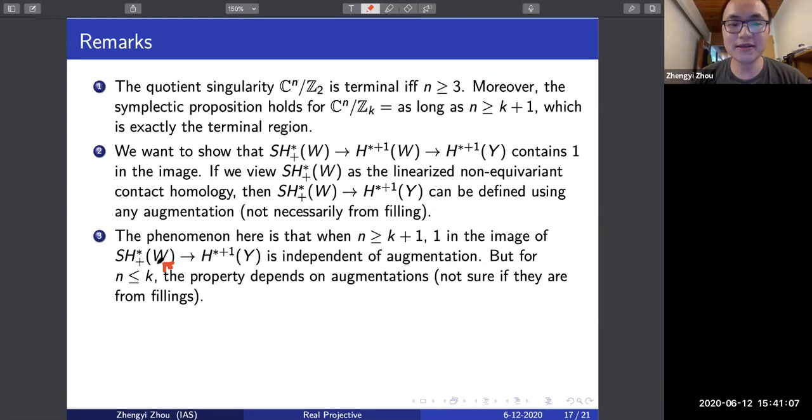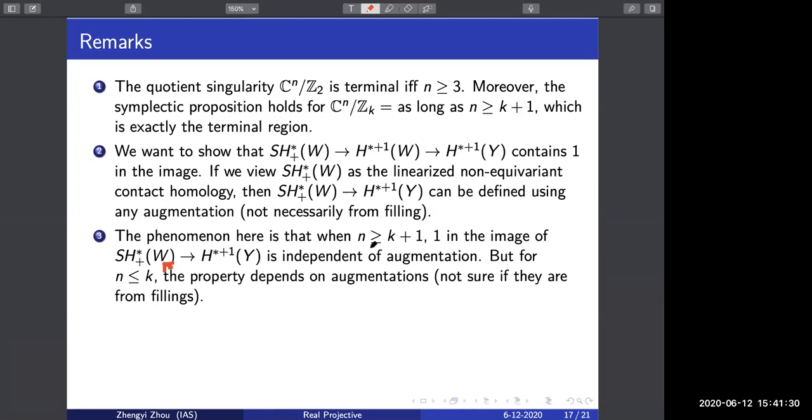But whenever n is smaller than k, this property actually depends on the augmentation. So sometimes you will have 1 in the image, sometimes you don't. But it's not clear that these augmentations are actually coming from fillings.